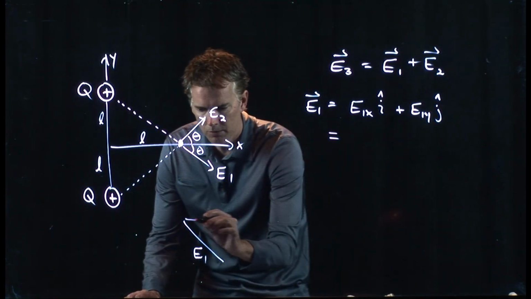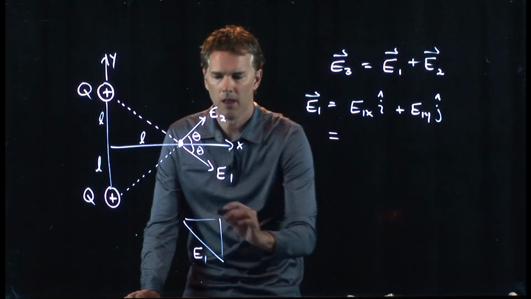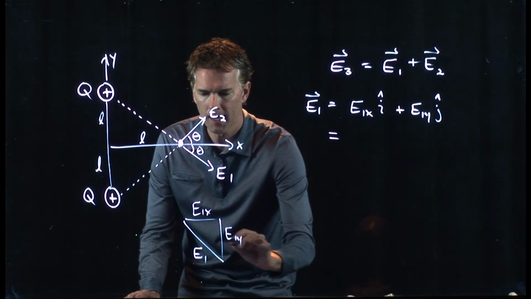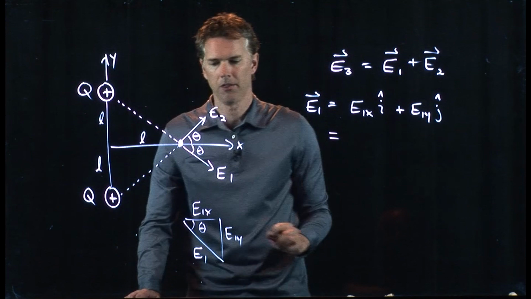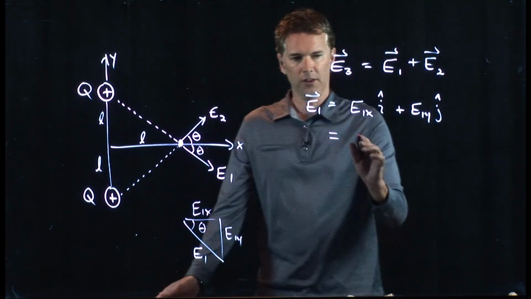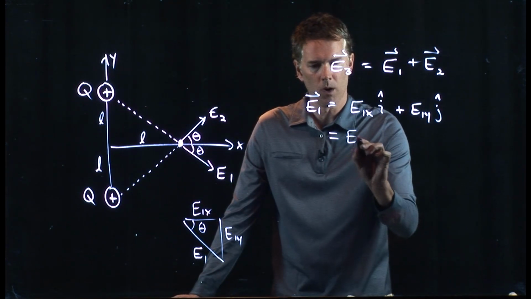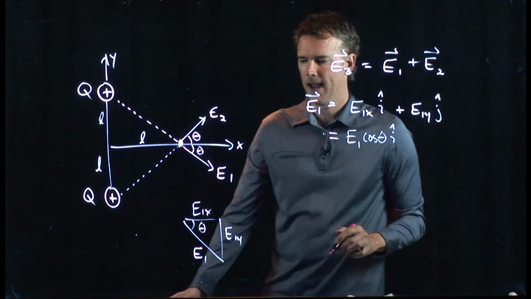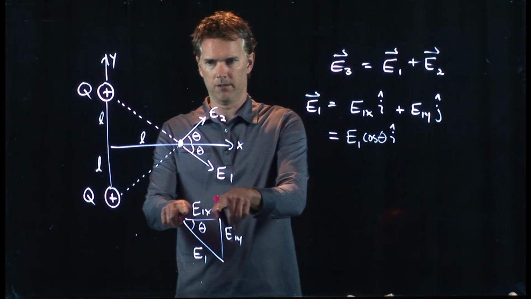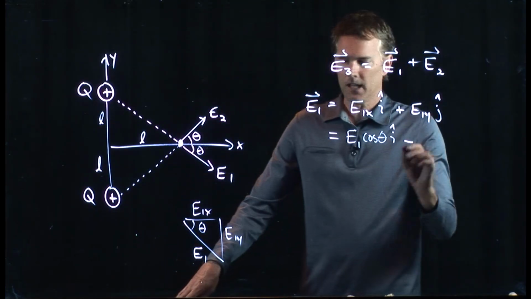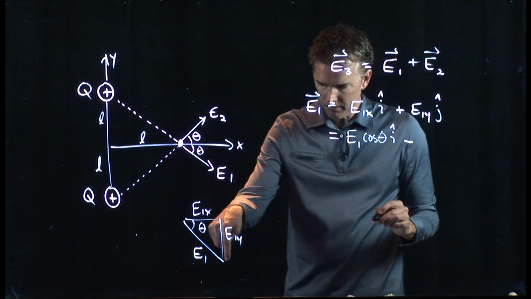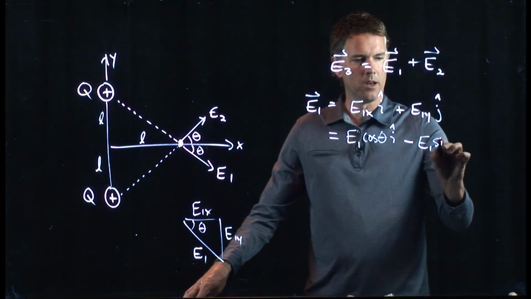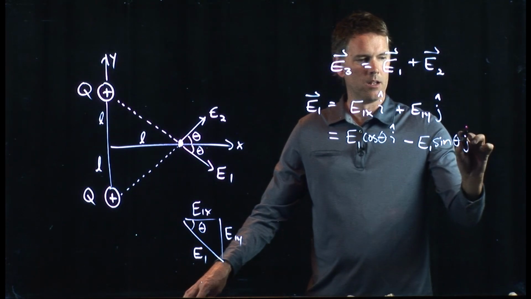The hypotenuse is E1. The sides are E1x and E1y, and we said that is angle theta. So this just becomes E1 cosine theta, i hat, that's this side of the triangle, minus, since it's pointing down, we have to put a minus sign right there, E1 sine theta, j hat.